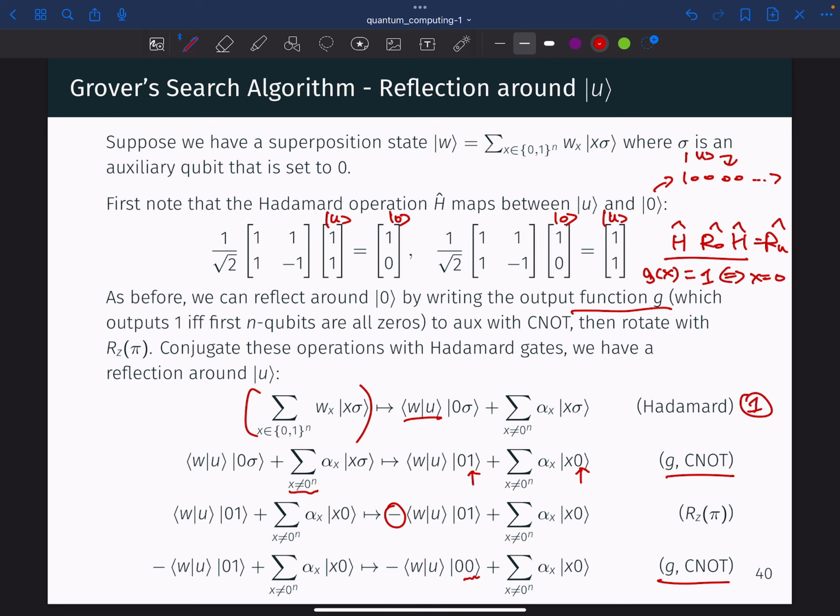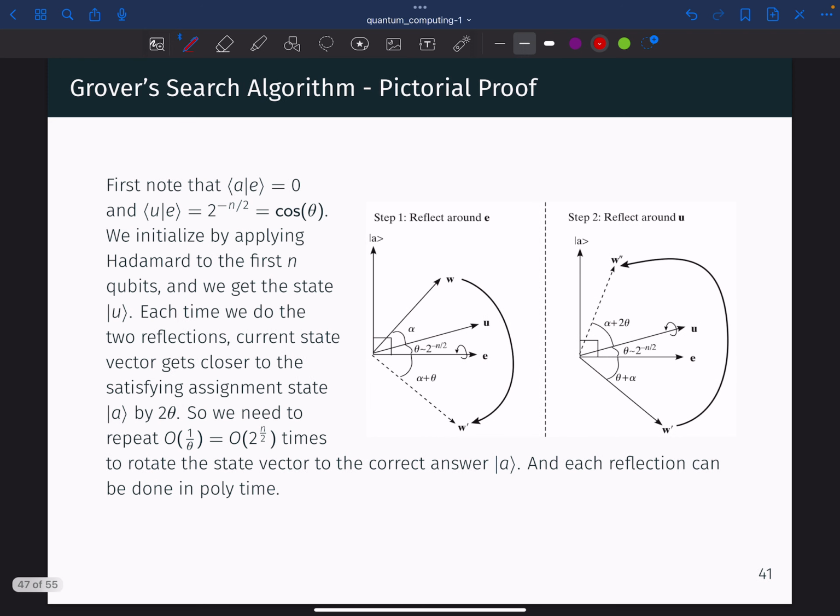Okay, so right now we have these two operations at hand. We can start to assemble the Grover search algorithm.